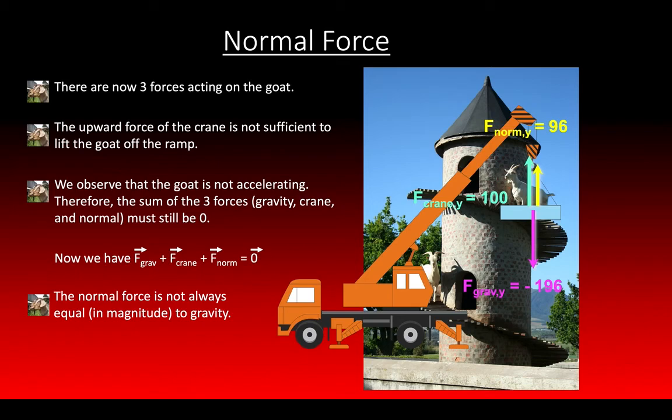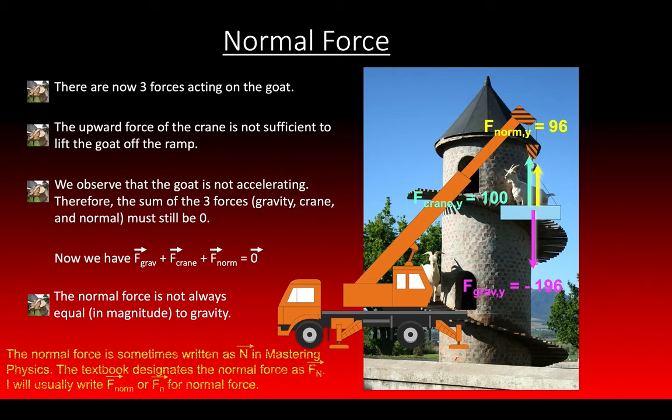But in this slide where we add more forces, that is not the case. So I often like to think of the normal force as kind of like a force that cancels the other forces to ensure the acceleration is going to be 0.